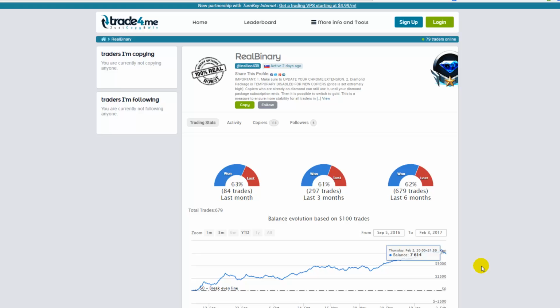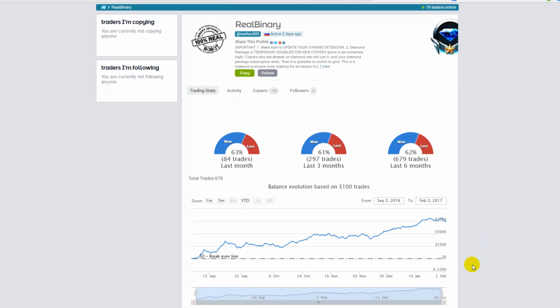But of course, this is the main problem when we are using exponential money management to build the account faster, to go up faster, which is very good in situations when we have nice winning streaks like we had, for example, from December 6th all the way to January 24th.